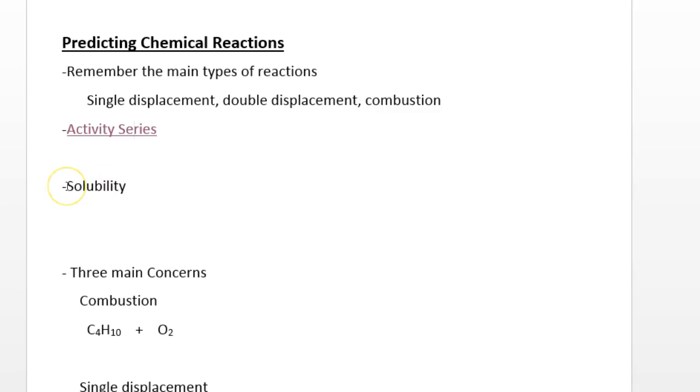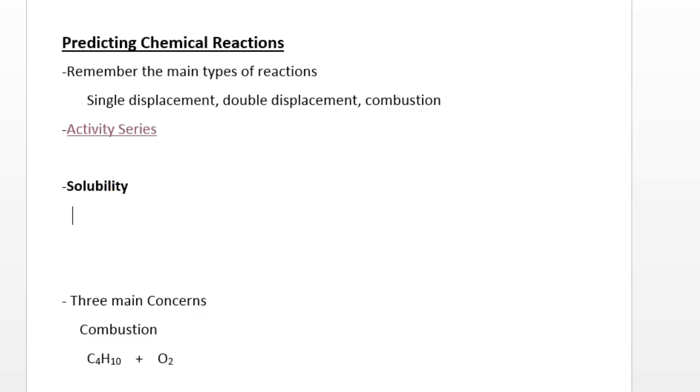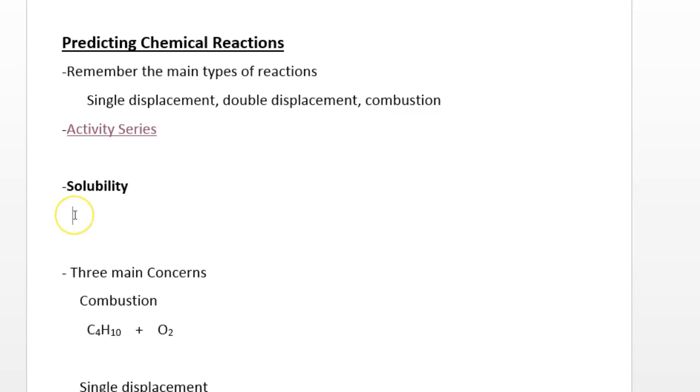And then we also have to worry about the idea of solubility. Solubility is talking about the ability of a substance to be absorbed in water or in another solvent, I guess. A lot of the reactions we have are going to be aqueous or dissolved in water. So that's going to be our main question: are the chemicals, the compounds that we're going to see how they react, soluble?